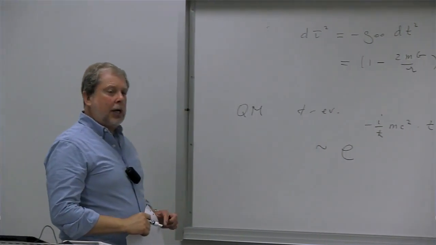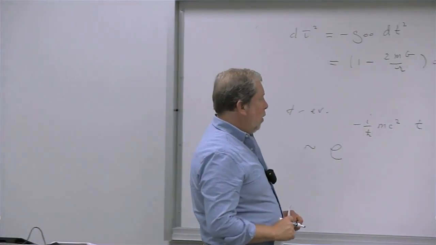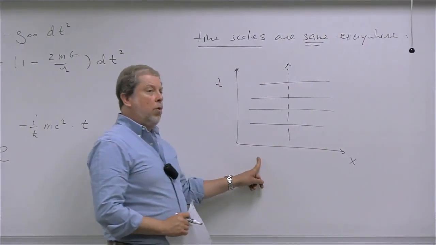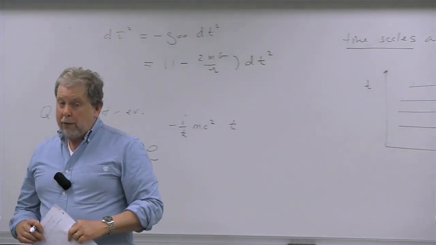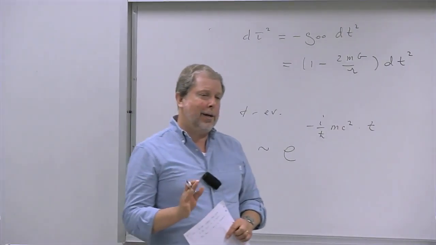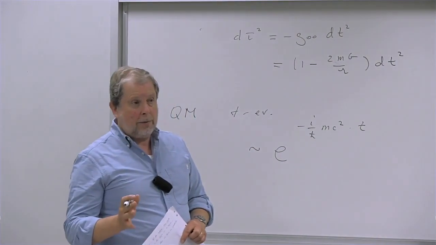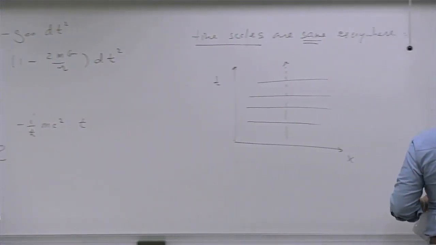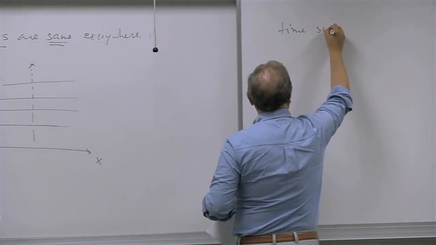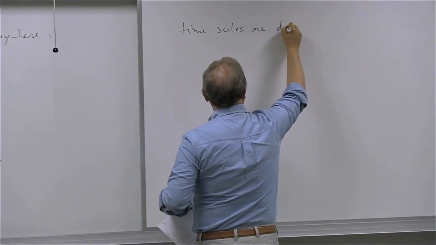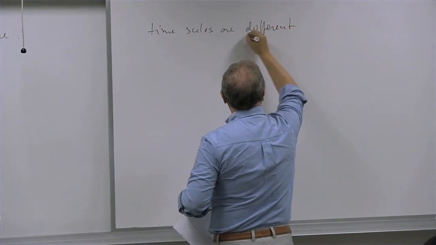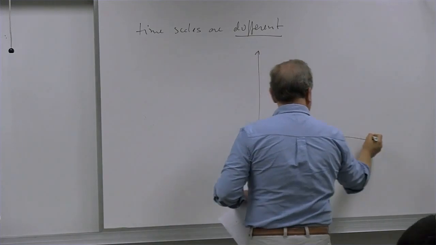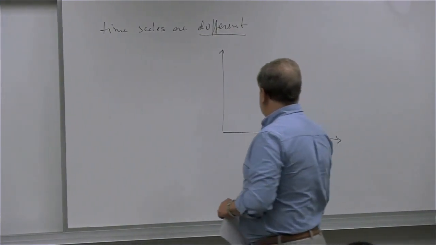Now, if the time scales are different at different locations, right? So if the time scale is different at this x from what it is at that x, then of course the particle will move in the direction where the gradient of the phase is the largest, right? So if the time scales are different, then the particle will no longer move in a straight line, right?